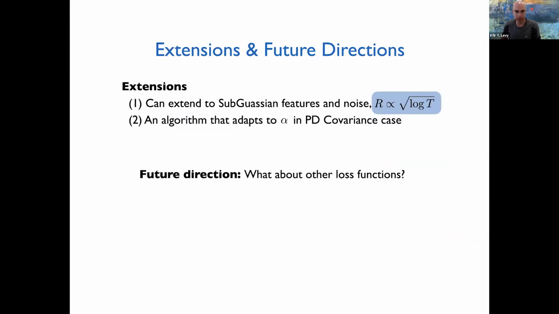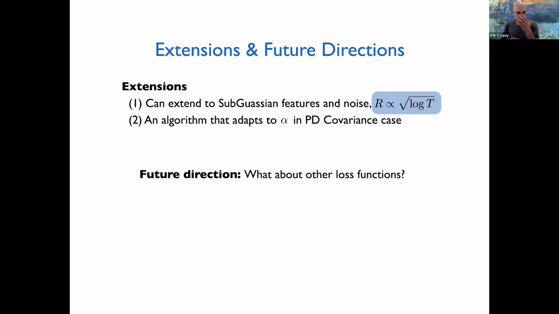So we can summarize this part. In the paper, we also show two extensions. We extend to the case where the features and the noise are not bounded, but we allow the distributions to be sub-Gaussian, and we show more or less the same rates. The only difference is that if the features and noise are sub-Gaussian, we have to increase this R parameter by a factor of square root of log t.